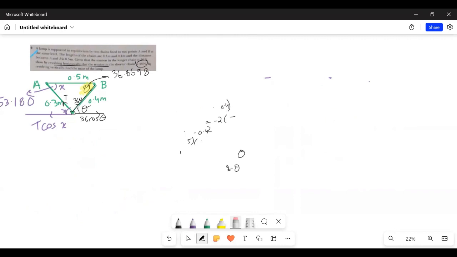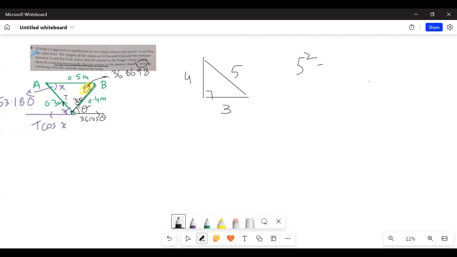If you could recall from O levels that this triangle is a right angle triangle. 4, 3, and 5. This forms a right angle triangle because 5 square is equals to 4 square plus 3 square. So 25 equals 25.